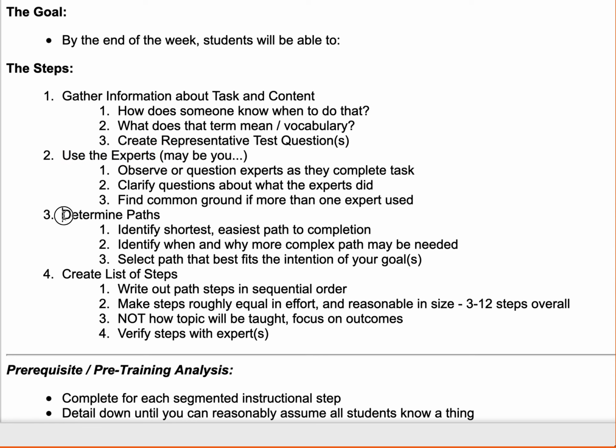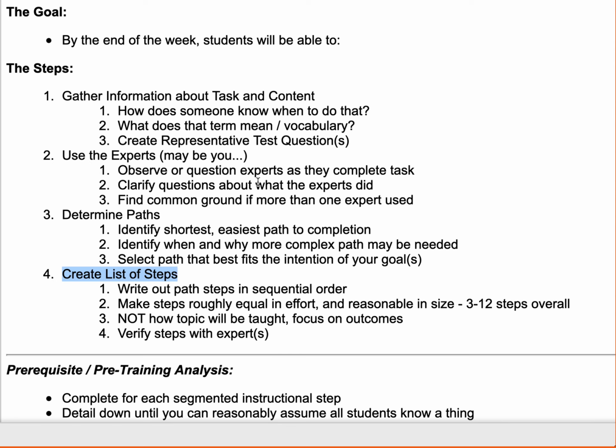And then once you've watched that, figure out what your path is going to be out of what you saw the experts do. And then once you have that path, figure out what the steps are in that path. Go 25 miles, turn right on this highway, go 35 miles, turn left here. Those are your steps. So, all right.